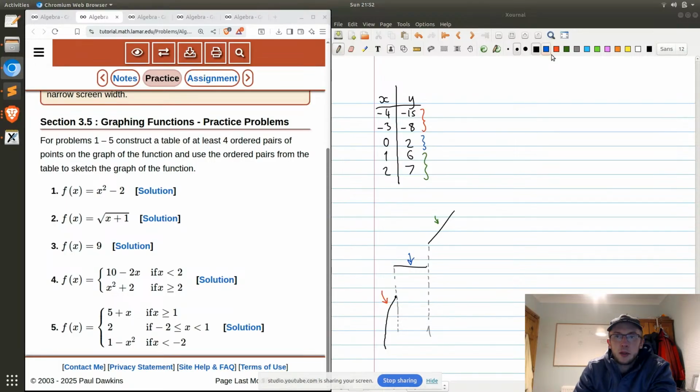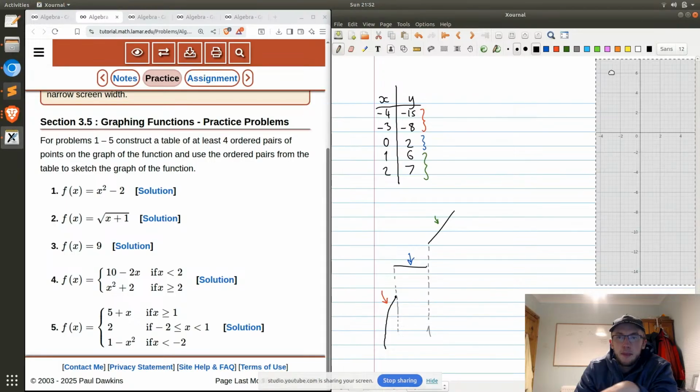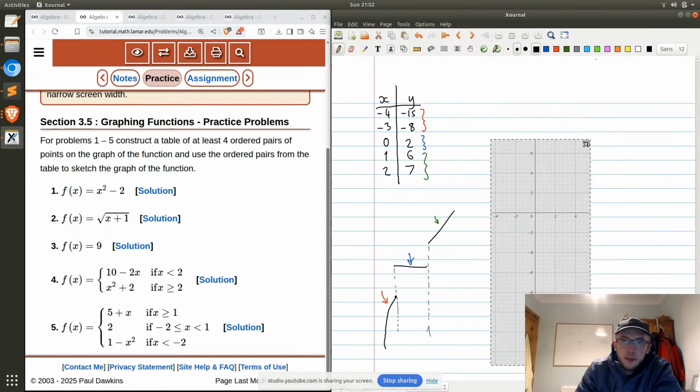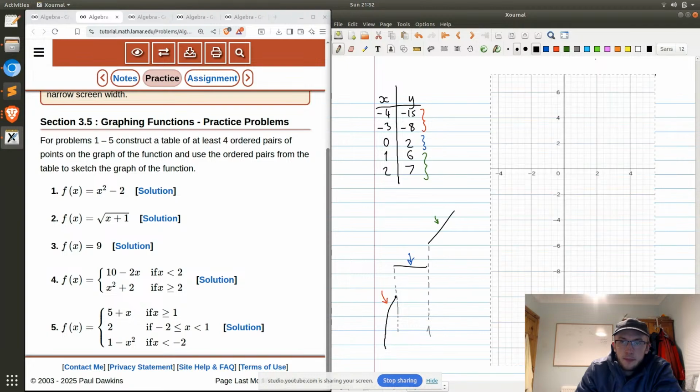Okay, so I'm going to use this portion, this one here. And then I'm going to graph it. And I'm going to use the colors that I chose. For 2, it will be 7, so the output will be there.